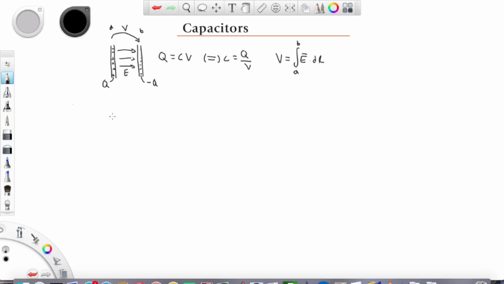If you evaluate this integral, we get an important result: the capacitance is epsilon 0 times A, the area of one of the plates, divided by d, the distance between the two plates. So for a parallel plate capacitor, if we want to make the capacitance high, we can either increase the size of the plates or decrease the distance between the two.